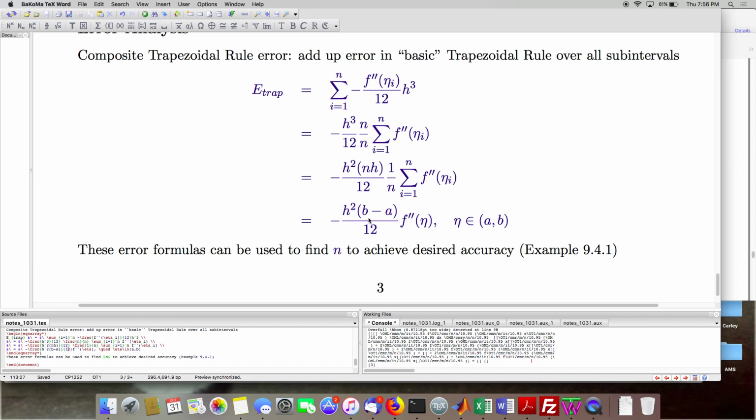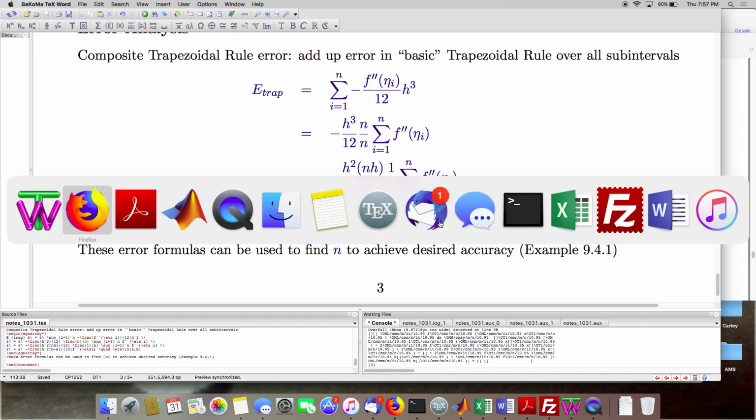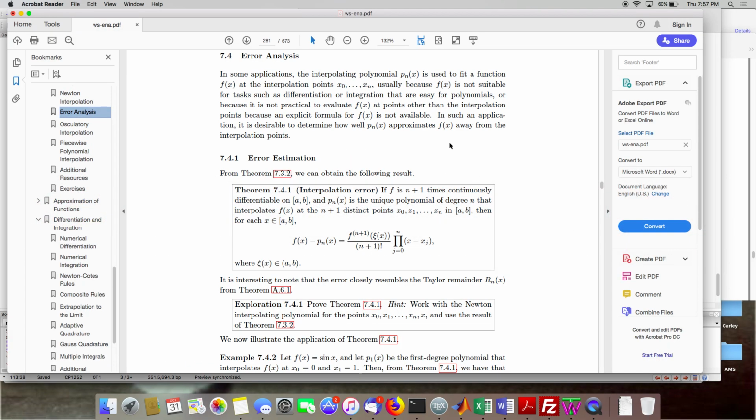If I don't know h yet, I'm trying to choose n, which would give me h. So I can express this in terms of n. And if I know how big this can get on the interval, then if I set this to be less than some tolerance, I have an inequality that I can try to solve for n. I think it would take too long to type it out, but I do have it here.